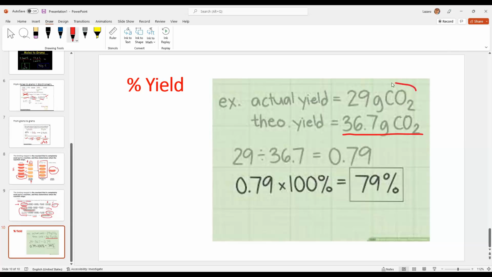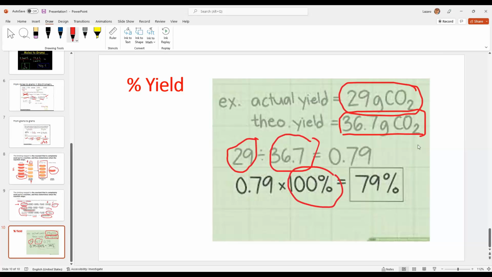So the actual yield is the amount that you get in the real situation. The theoretical yield is the one that you calculated, as we have done before. Then you divide the actual yield by the theoretical yield and you multiply by 100 and you get the percent yield.